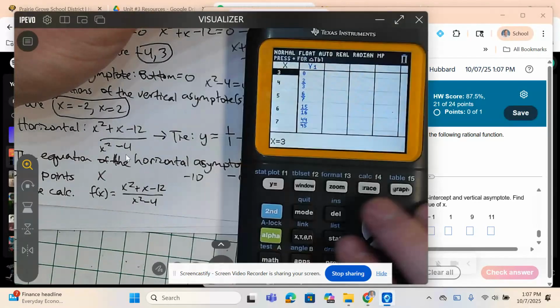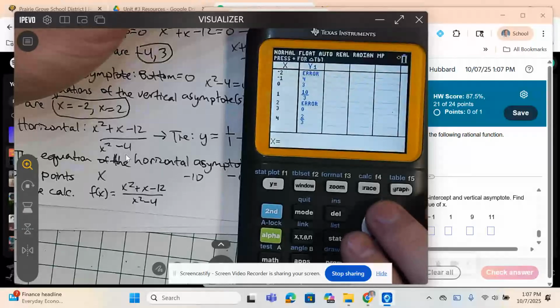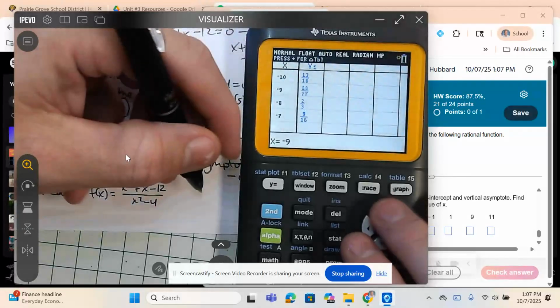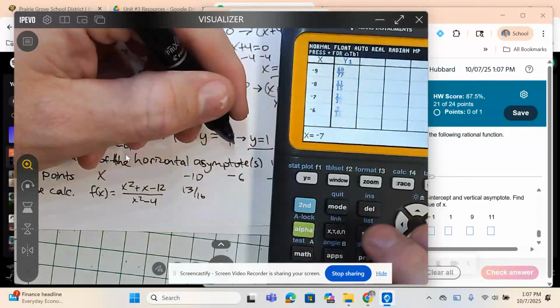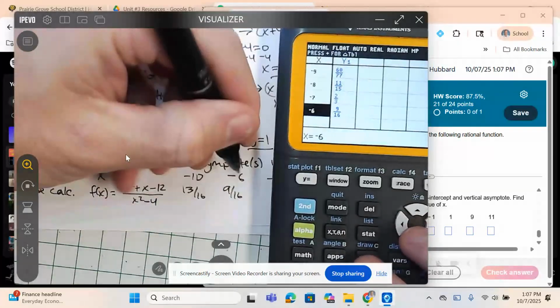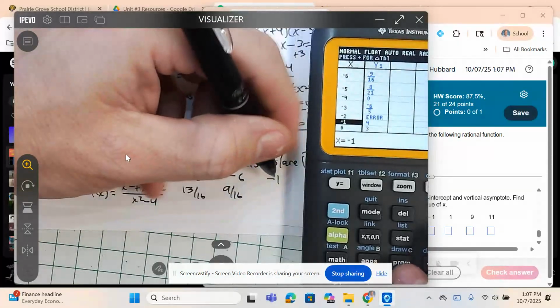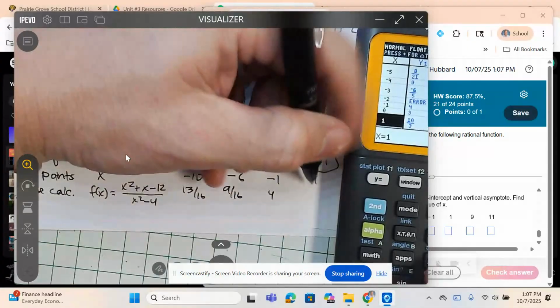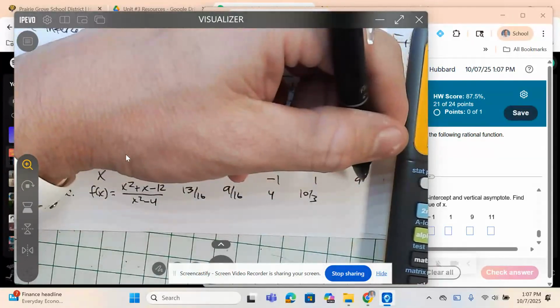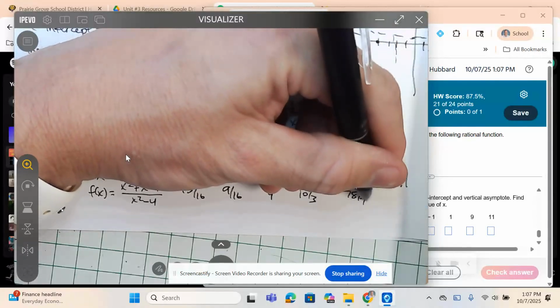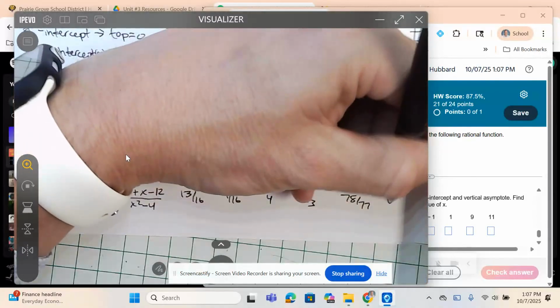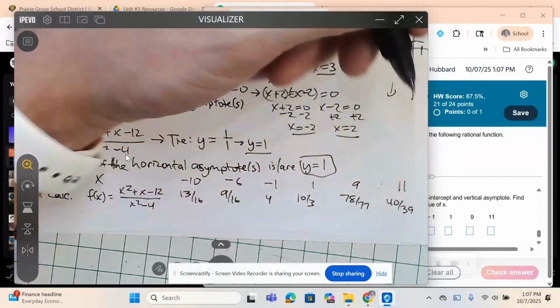So -10, that's 13/16. -6, 9/16. -1, 4. 1, 10/3. 9, 78/77. And 11, 40/39. So that's approaching 1.